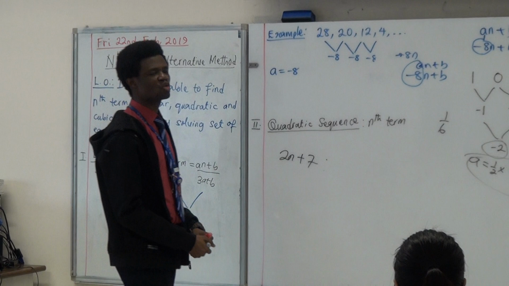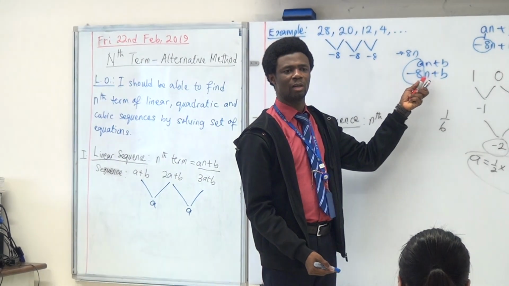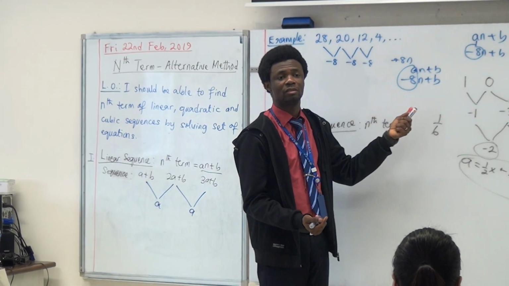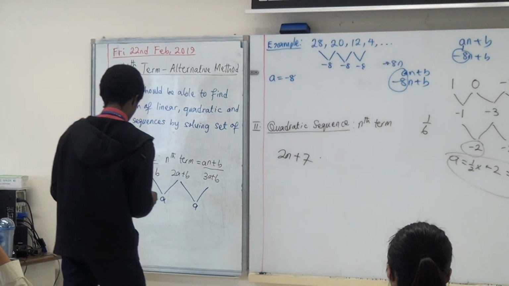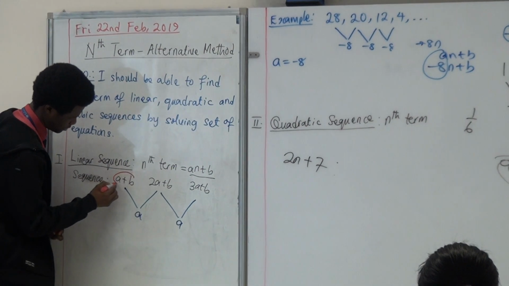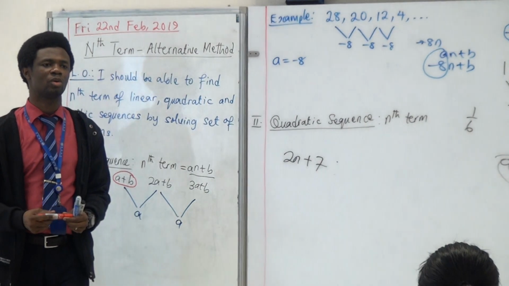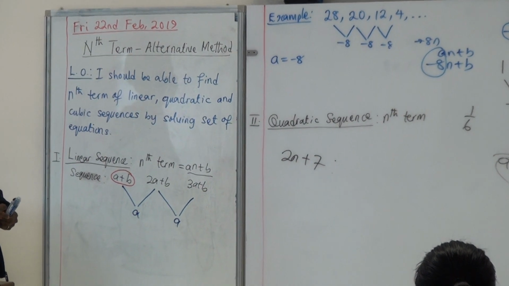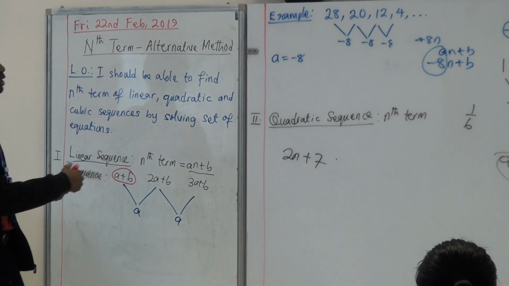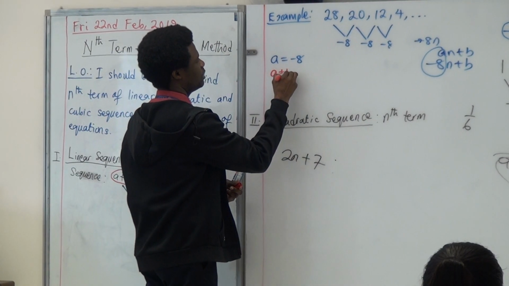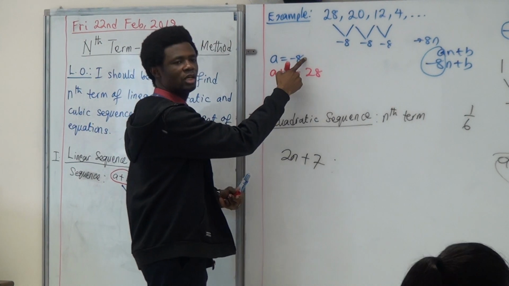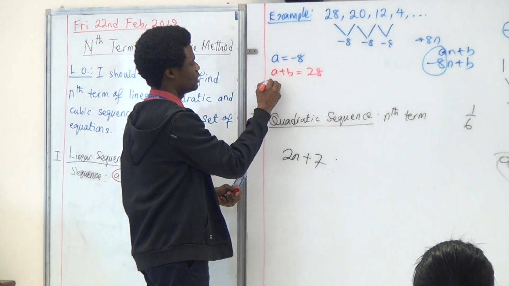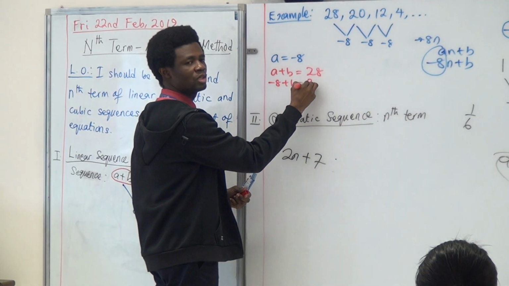The only thing left is what? If you want to get your n term, what is the only thing left after you figure out your A? B. All you have to do is come here. Your first term is always A plus B. So in this case, my A plus B is 28. If A is negative 8, negative 8 plus B is 28.